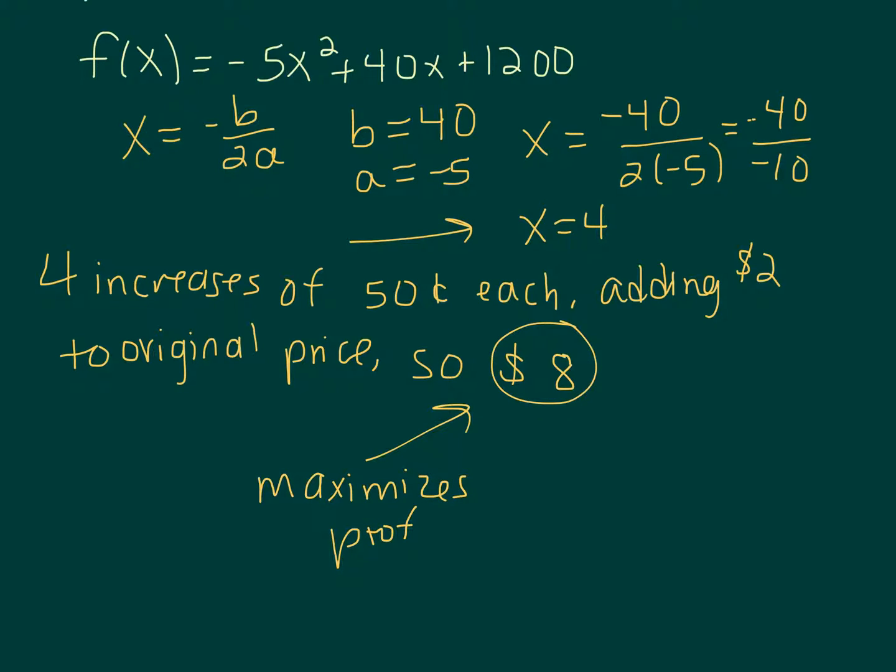So if I sell them for $8, that's going to be my best bet. Yeah, I lose 40 customers, but it's better than losing 30 and only charging $7.50. And that's what the vertex is going to tell us. So x was the number of increases, which tells me I added $2 to my original price of 6, charging $8. Now we're going to do something with this value in the next problem.